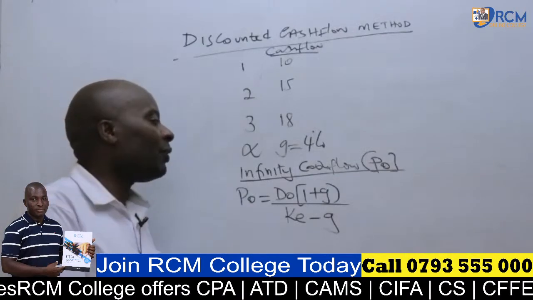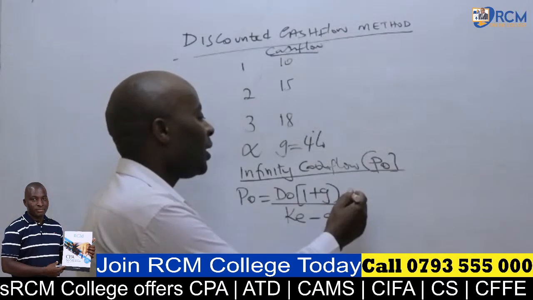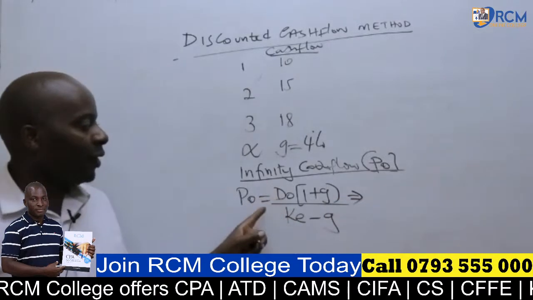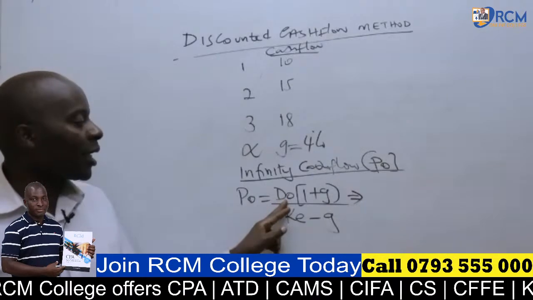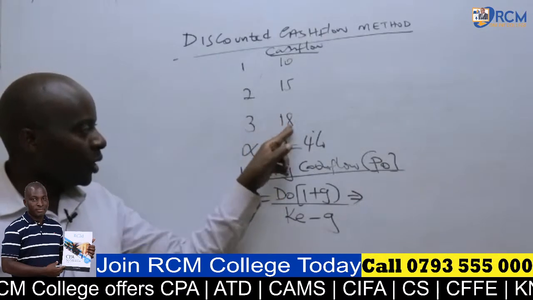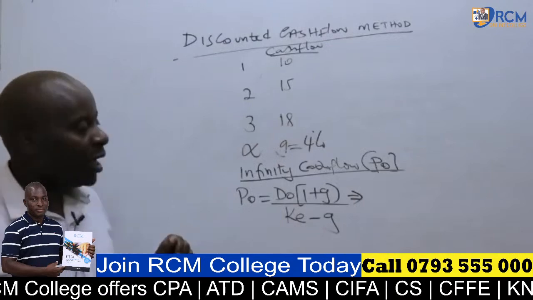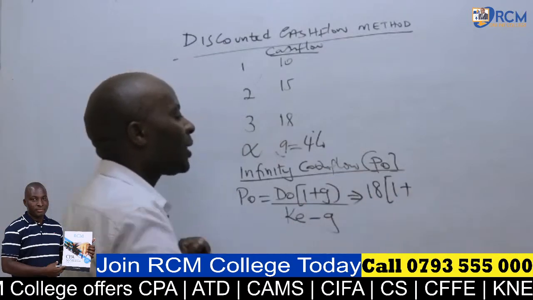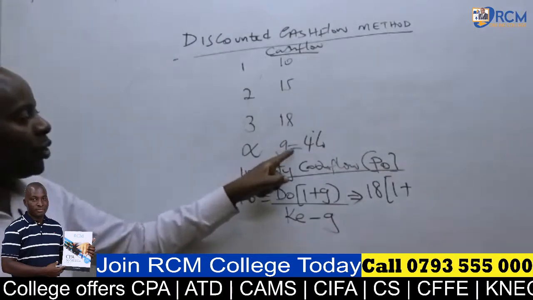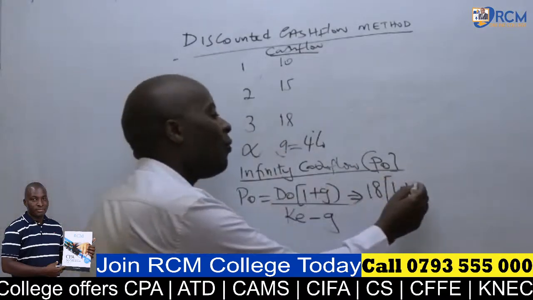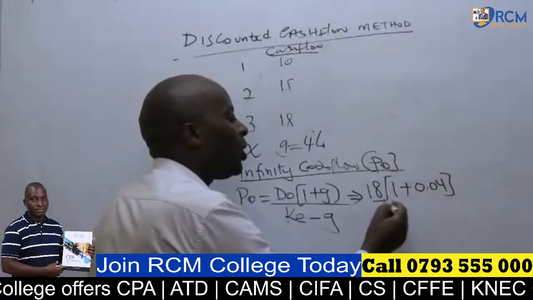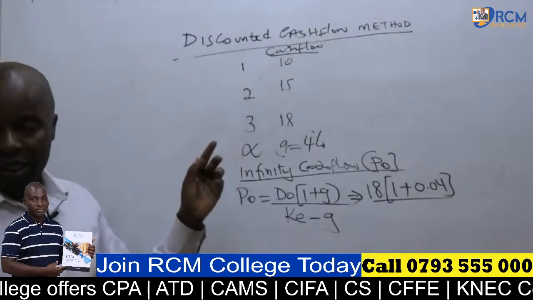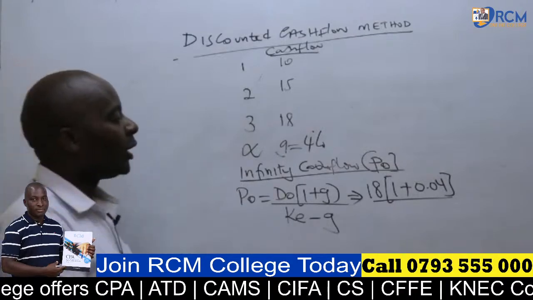Ladies and gentlemen, if that is the case, look at this infinity cash flow. DO is the most current dividend, the most current cash flow. 18 is the most current. So we have here 18 into 1 plus the growth rate. You can see growth rate G is 0.04, all over cost of equity. Here we are given cost of capital as 10%.